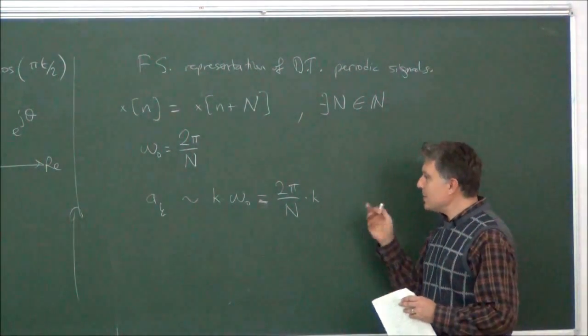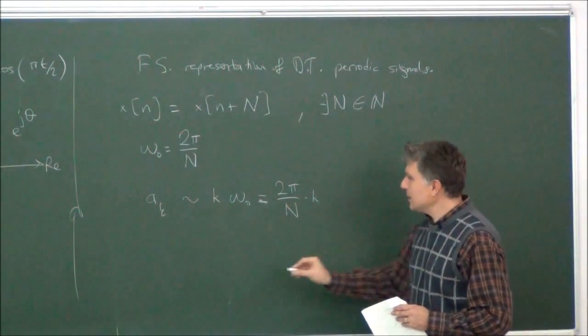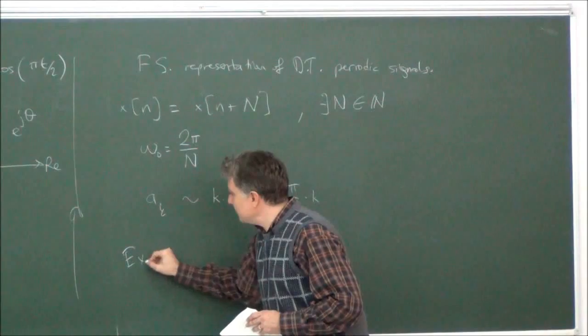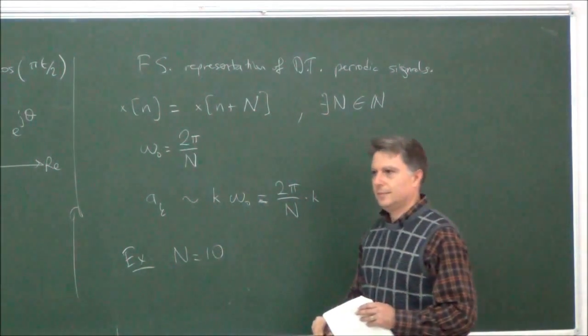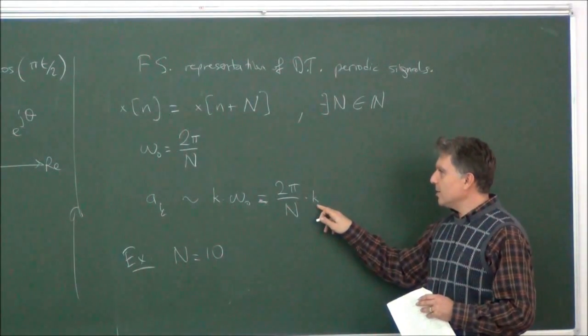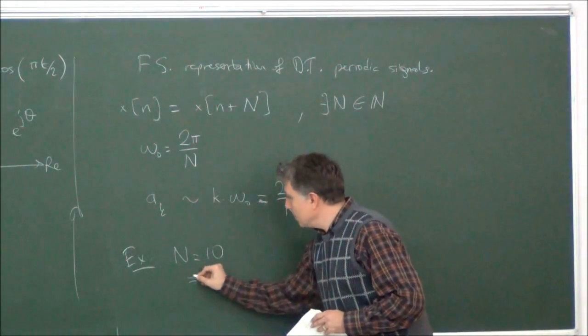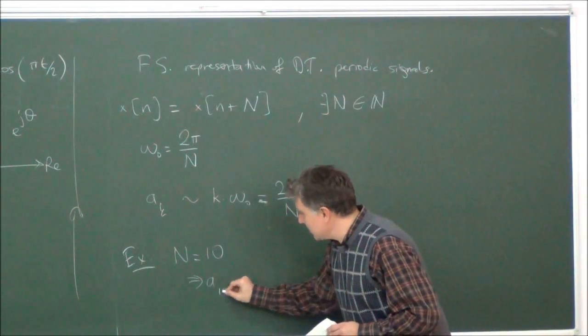What happens, for instance, when k is exactly capital N? Let's give an example. Capital N is equal to 10. What do you say about a_10, in other words?